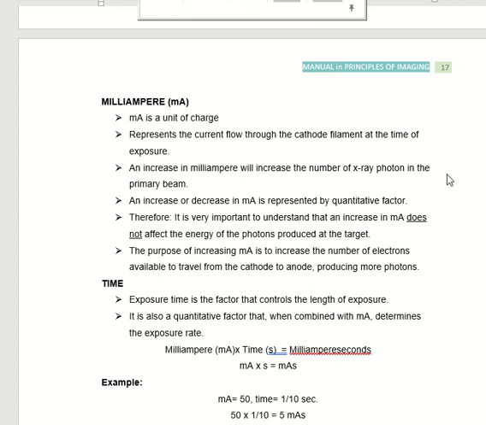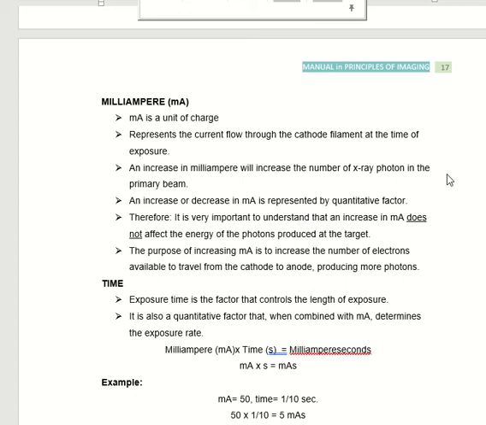So it is important to understand that an increase in MA does not affect the energy, because the energy of the X-ray photons is only affected by the KVP, which we will discuss later. The purpose of increasing MA is to increase the number of electrons, as I have mentioned earlier, available to travel from cathode to anode, and that is proportional to the number of X-ray photons.